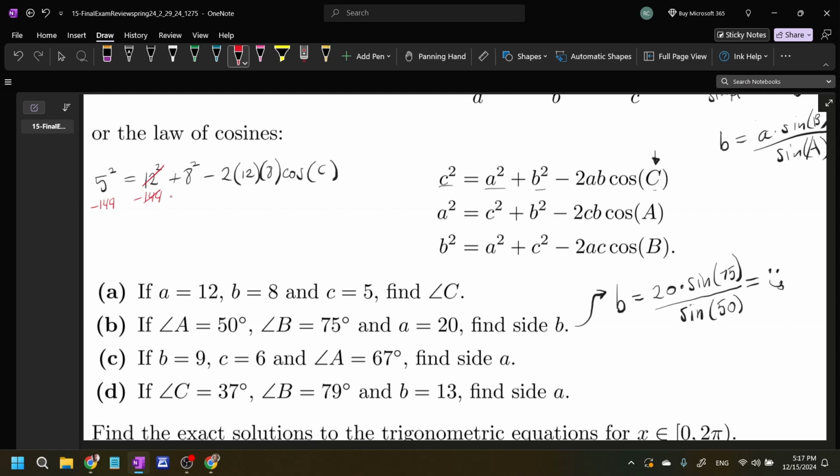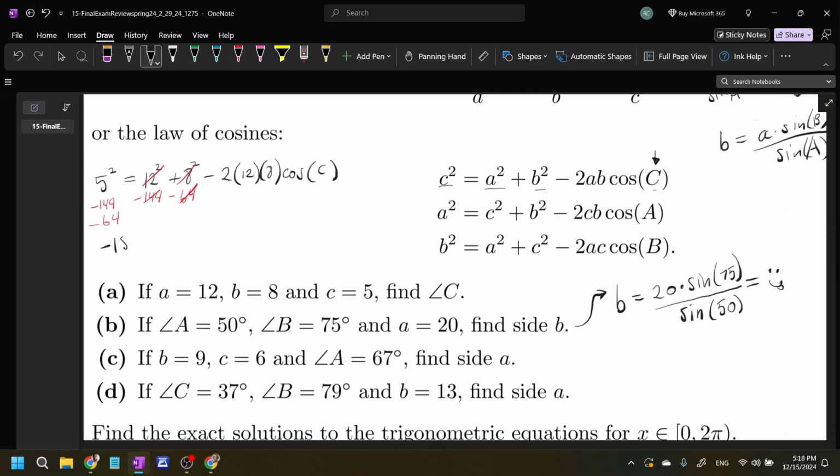I'm also going to subtract 64 from both sides because 8 squared is 64. So 5 squared, that's 25 minus 144 minus 64. Calculator, here we go. That gives us negative 183.